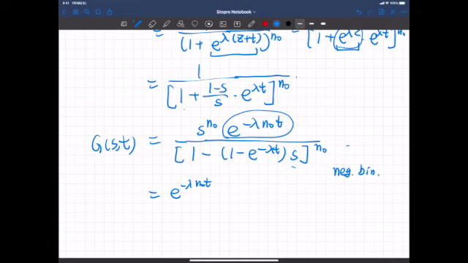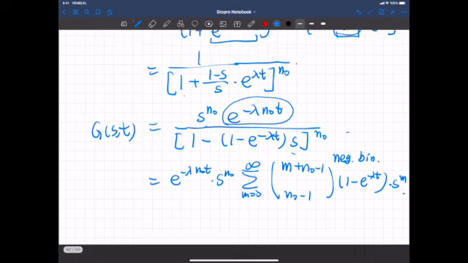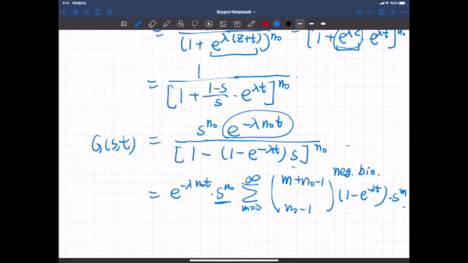And the rest can be expanded in this way. First let's put s in here. And this denominator is the sum over m from 0 to infinity of (m plus n0 minus 1 choose n0 minus 1) times (1 minus e to the lambda t) to the m, times s to the m. And move this s term inside.